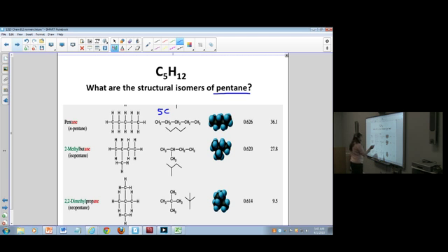I'm going to make the chain 1 carbon shorter, so that's going to give me 4 carbons. Okay, so a butane, and then I'm going to make a substituent. All I have to do is add, for example, this methyl group. That's a substituent.